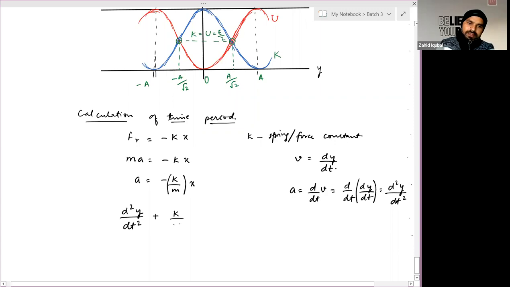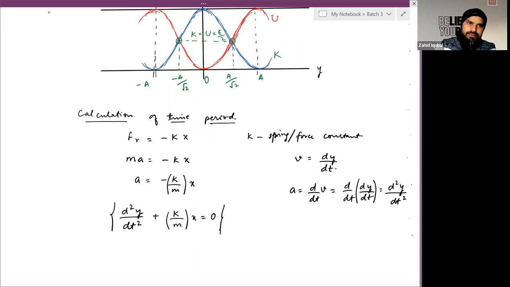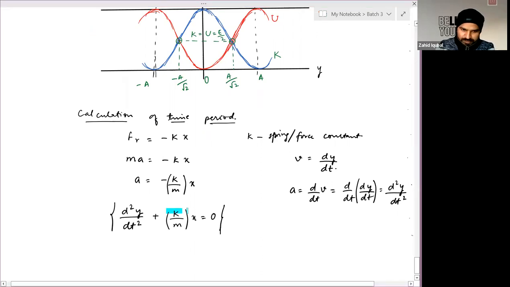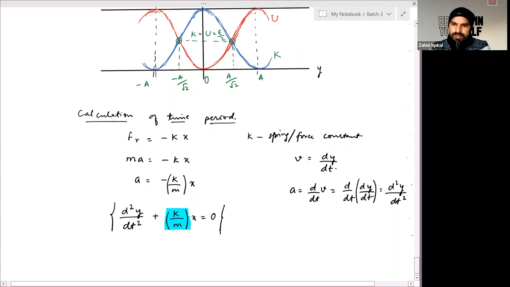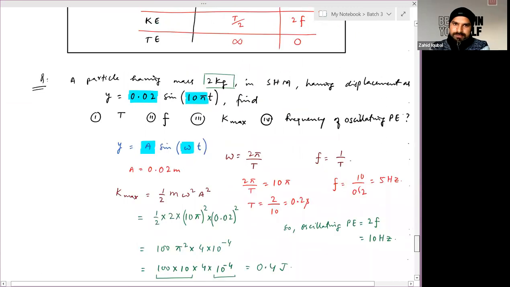So you will get d2y by dt squared plus k by m times x equals 0. Now just compare this expression to the general expression for SHM above. So you will get the coefficient of displacement in this part is k by m. And let me show you what we had derived in the last class.